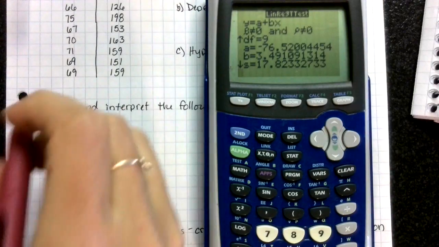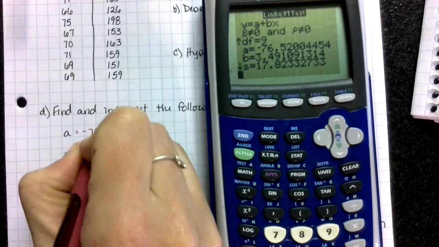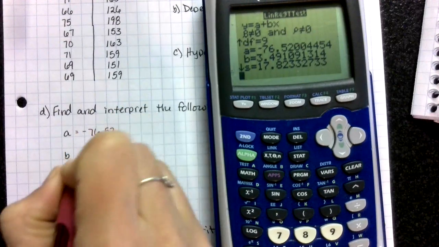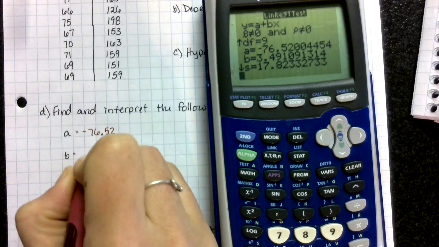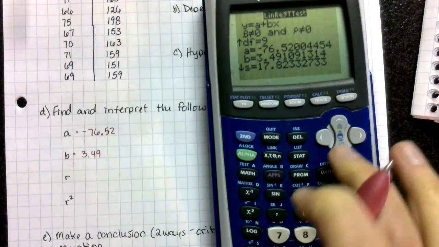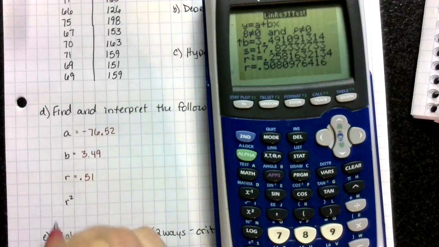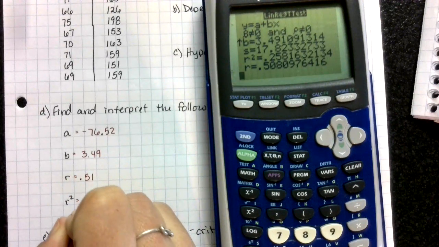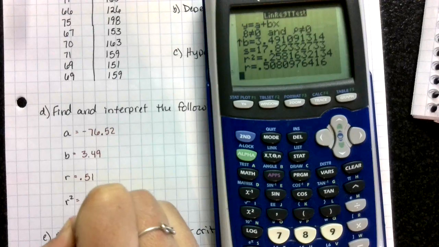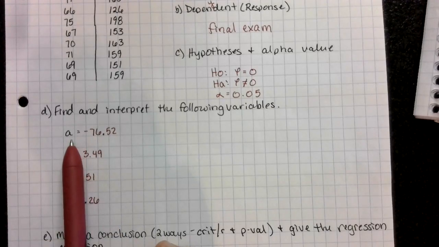Okay, so a is negative 76.52. b is 3.49. r is 0.51. r squared is 0.26.